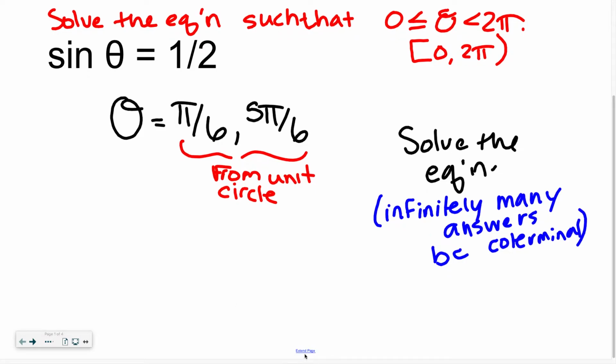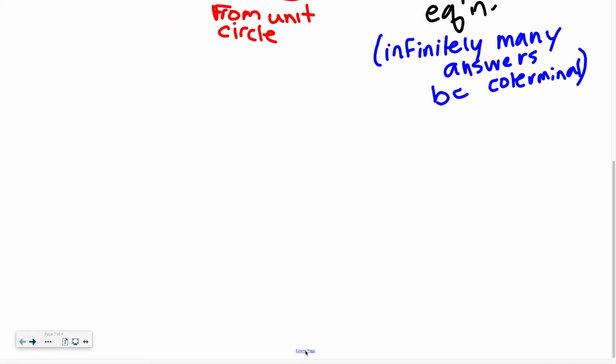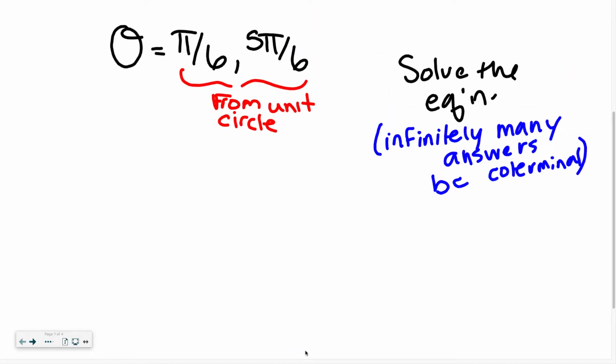If I just say solve the equation and I don't give you that specific range, we can take that pi over 6, which I was just doing, and, like my arm going around and around, add 2 pi n, where n is some integer for the number of rotations. If n is positive, I'm doing positive rotations.